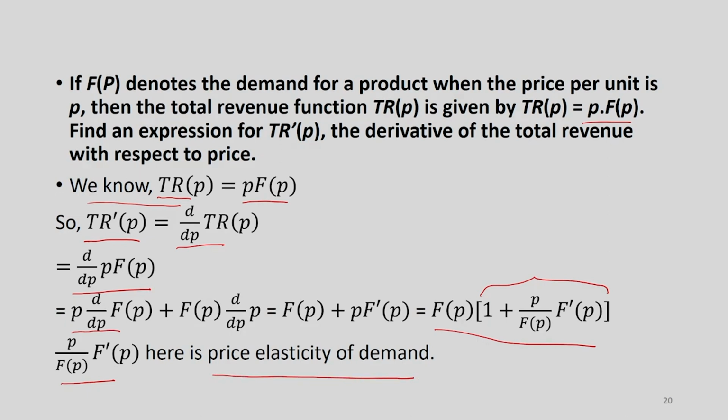This we shall deal with later on also in more detail, but let us try to see what it decomposes into. f prime p is what? It is d f(p) by dp. This is f prime p, and that is getting multiplied by p divided by f(p), right. This is what the elasticity of demand is, price elasticity of demand.